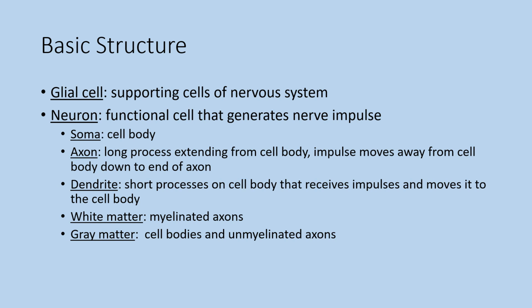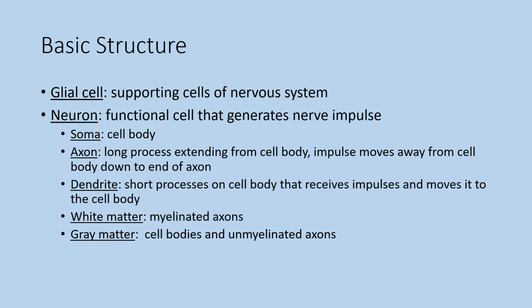The neuron, here we go again, we're going to give a little bit of different terms. The neuron, if you remember from histology, has a different structure to it. The cell body is what we call the soma, and then it has several extensions or processes from that cell body.